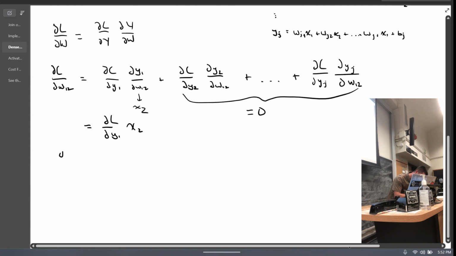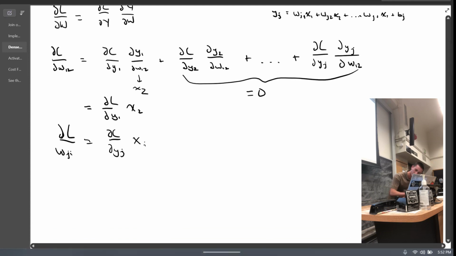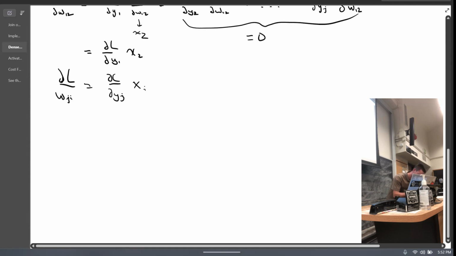And in general, we see that the derivative of the cost function with respect to Wji is equal to the derivative with respect to Yj times X sub i. And so we get this matrix for the derivative with respect to W.